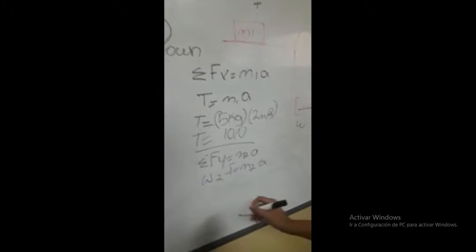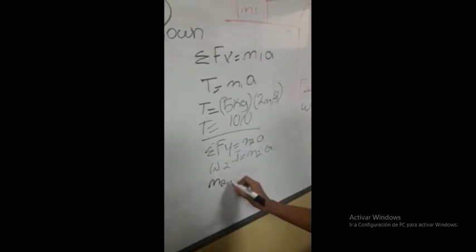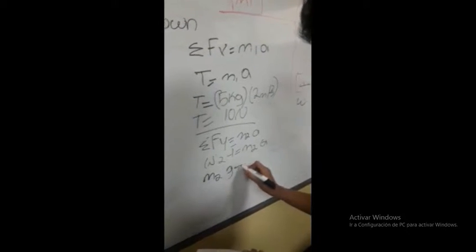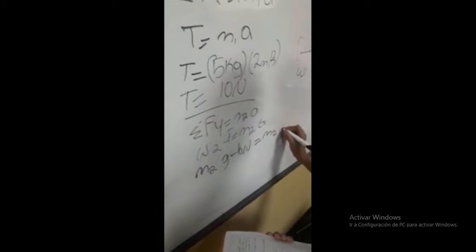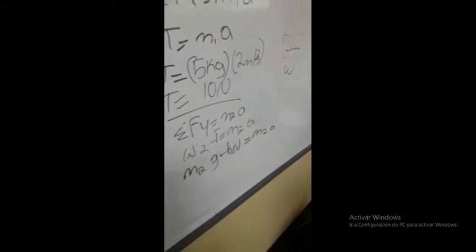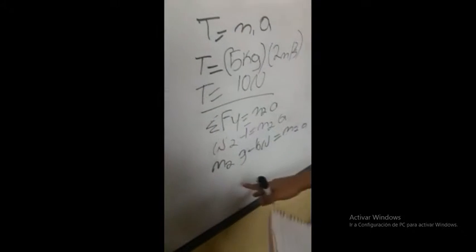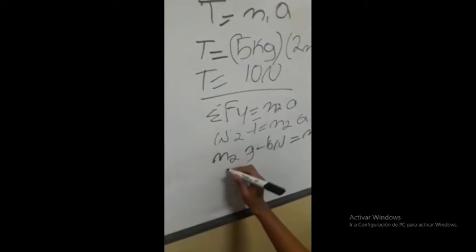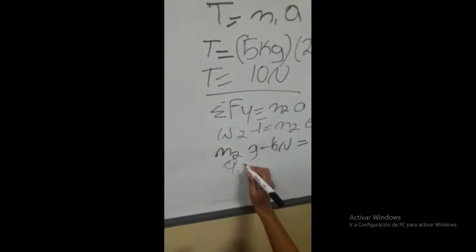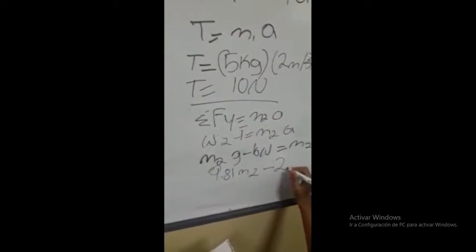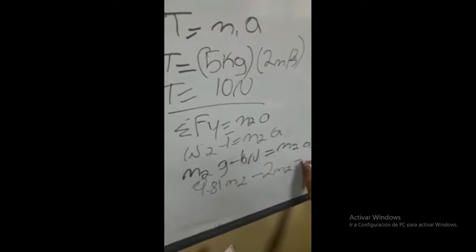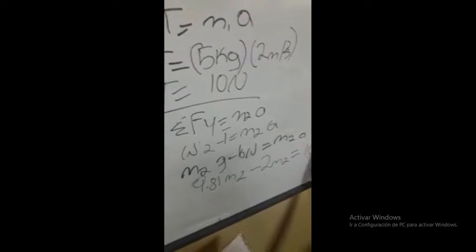Weight 2 is equal to mass 2 times gravity, minus 10 newtons equal to mass 2 times acceleration. And then we only need to replace what they gave us. That is 9.81 mass 2 minus 2 mass 2 equal to 10.